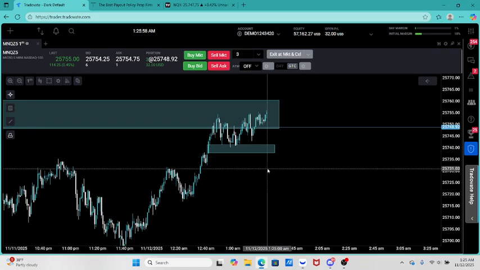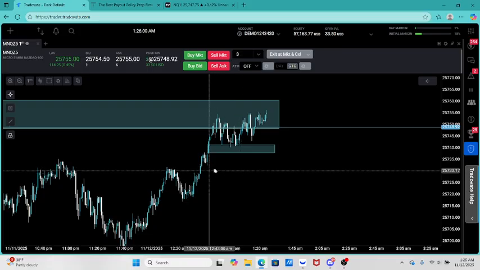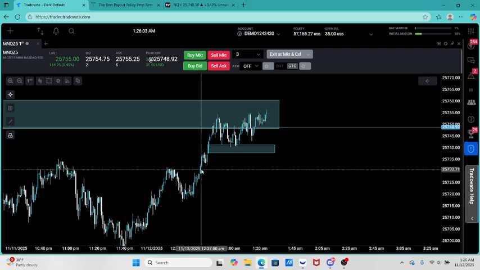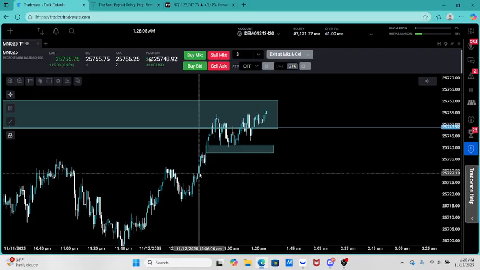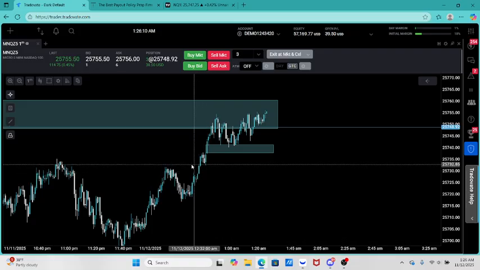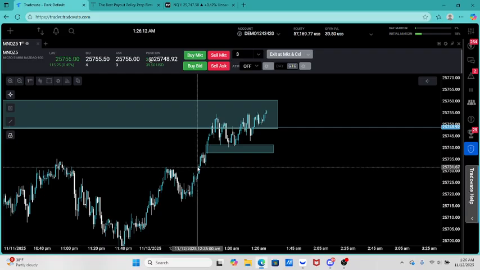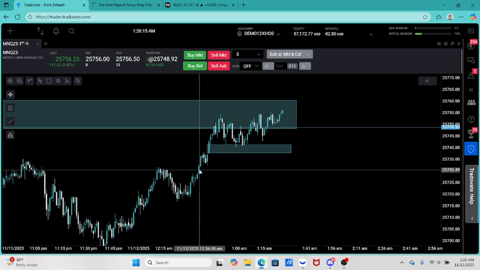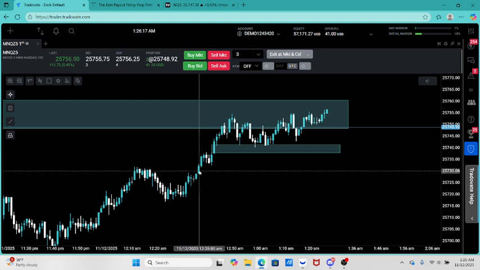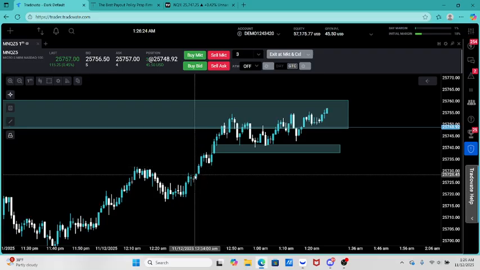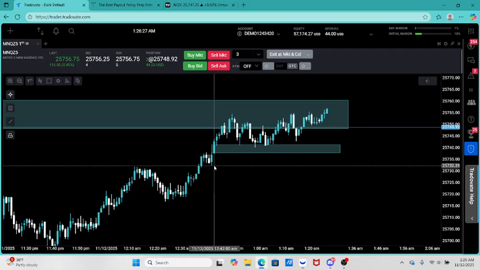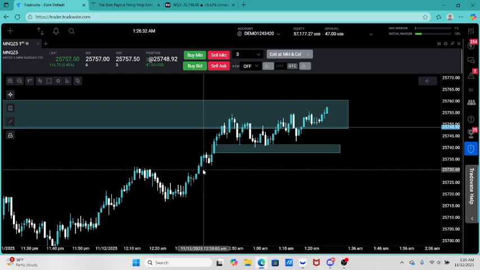Bro, I literally hit that value gap on the head, right here, for entry at 12:36, the 1 minute value gap right here. Like as it formed, you entered? I swear, bro. Did you enter as it was forming, or on this slight retracement when it almost came back into it? Nah, bro, I'm about to show you. You about to be like, yo, what the hell?